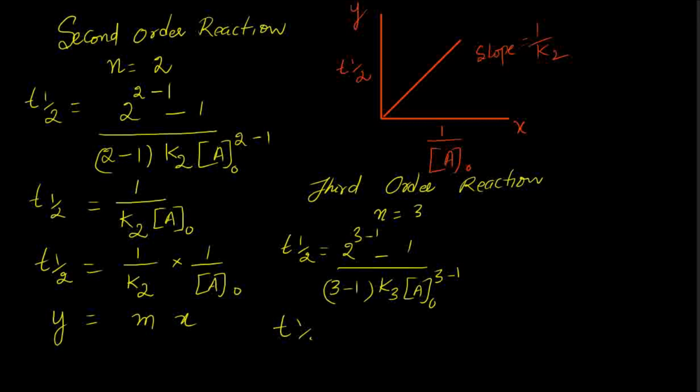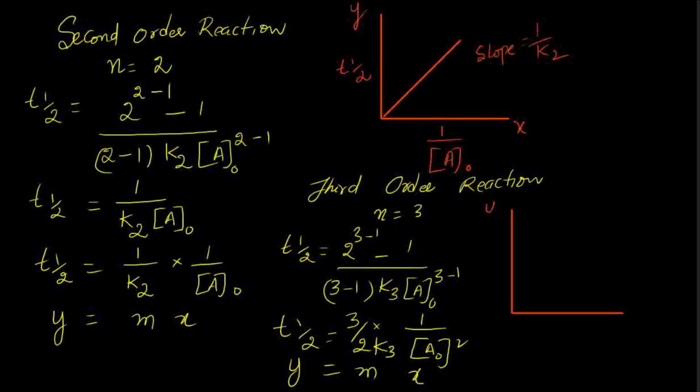Here T half equals 2 power 2 is 4, 4 minus 1 is 3, over 3 minus 1 is 2, so that is 3 by 2 into k3, into 1 by a naught power 2.